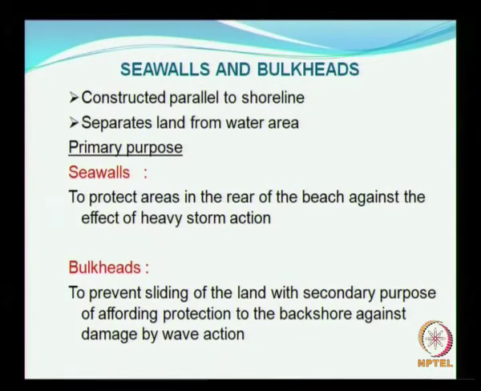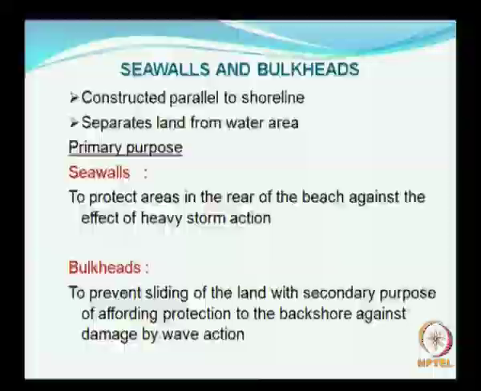They separate the land and water. Here water means I am talking about the sea water, but they get their names only because of the primary purpose for which they are considered.